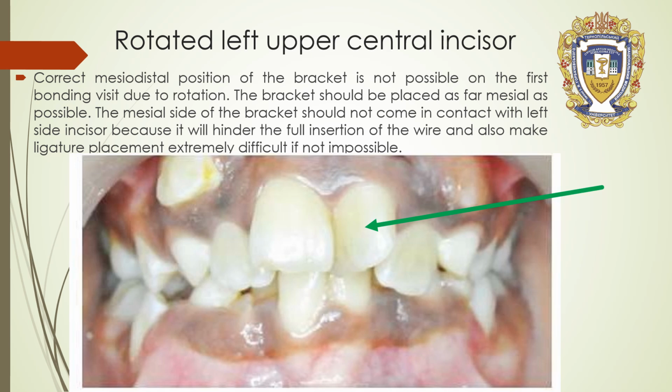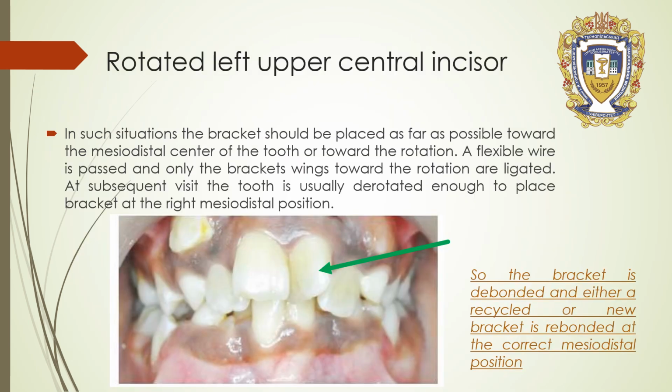The mesial side of the bracket should not come in contact with the left side incisor because it will hinder the full insertion of the wire and also make ligature placement extremely difficult, if not impossible. In such situations, the bracket should be placed as far as possible toward the mesiodistal center of the tooth or toward the rotation.